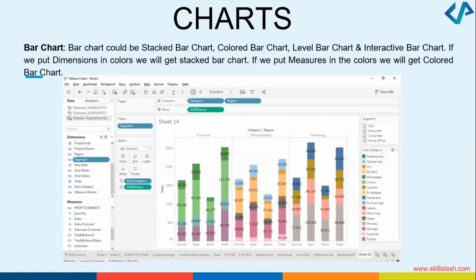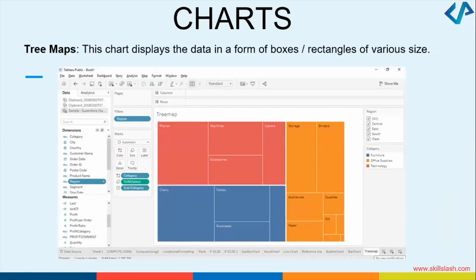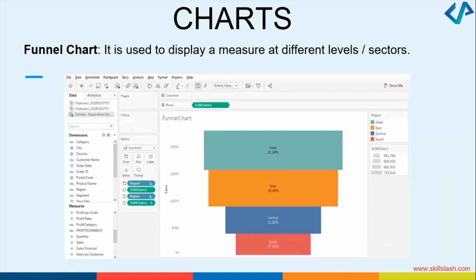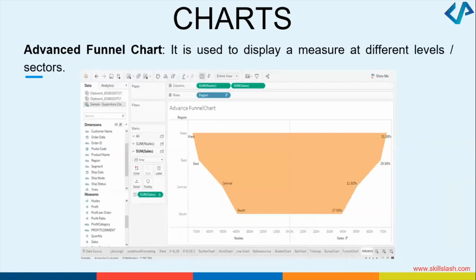The bar charts can be added. You can have tree maps to show the data in the form of boxes or rectangles of various sizes. You can have funnel charts like this created. There are some advanced funnel charts. Let's say you want to do a sector-wise, different level-wise information display. You can also use the advanced funnel chart in that case.